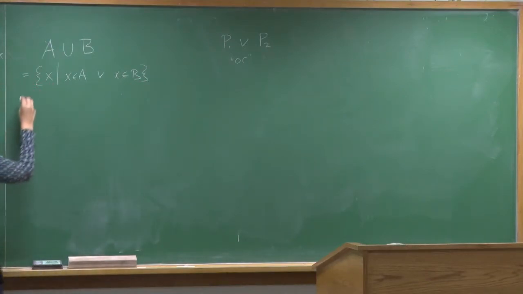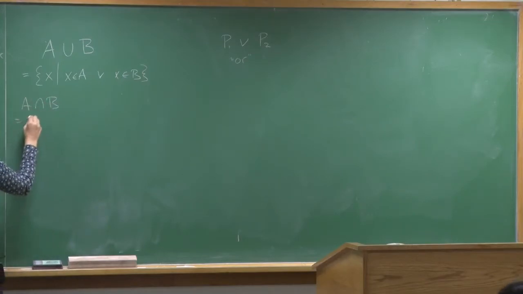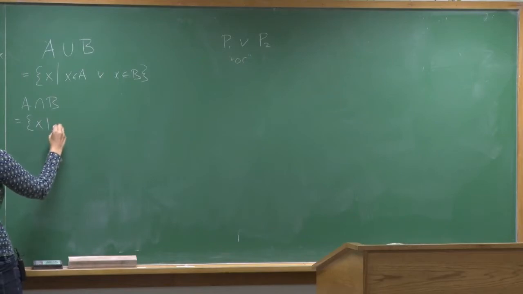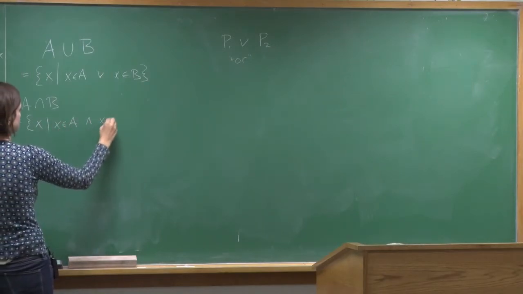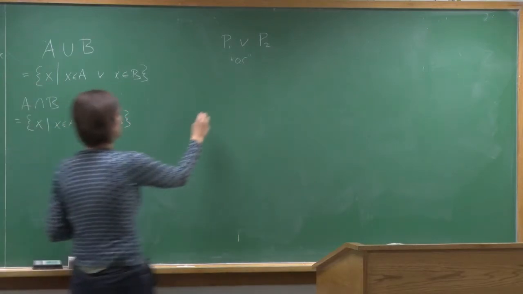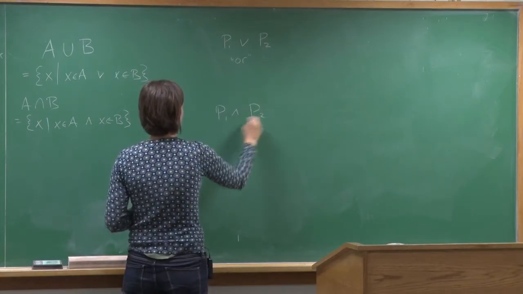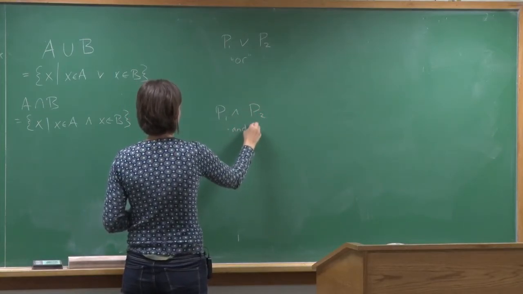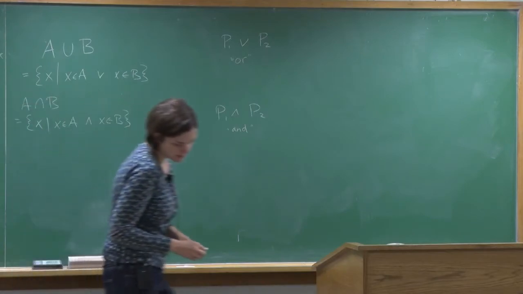And similarly, the intersection of two sets is defined as all the elements such that x is in A and x is in B. And that is similar to the and symbol. And then we also have, what's the notation here?